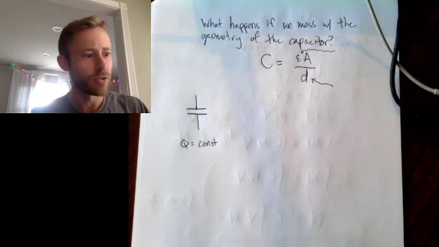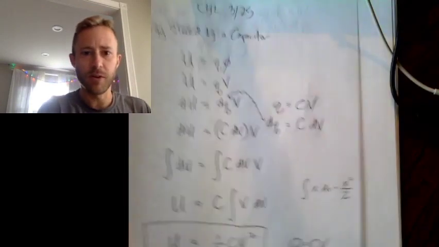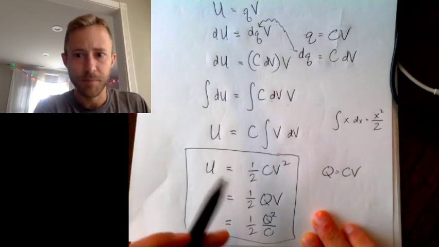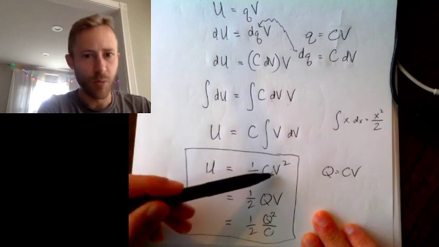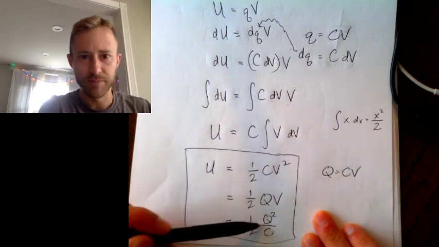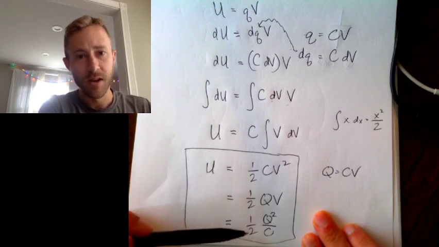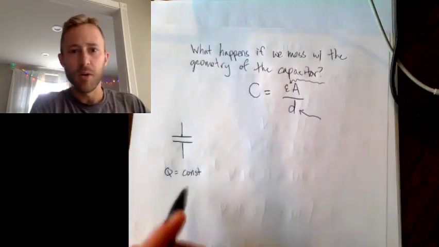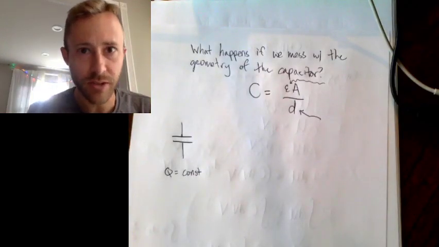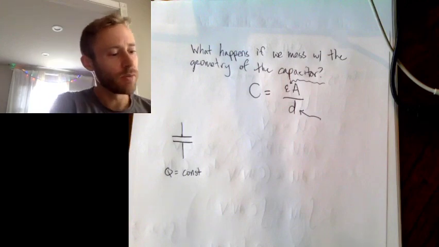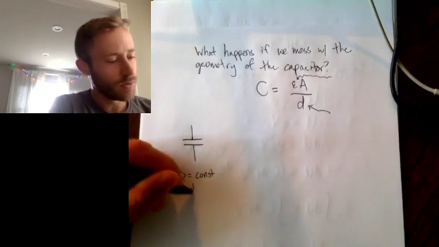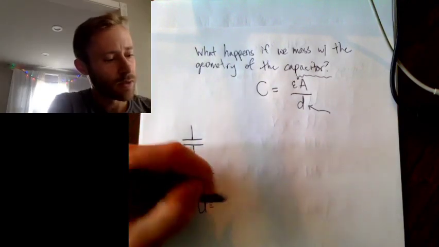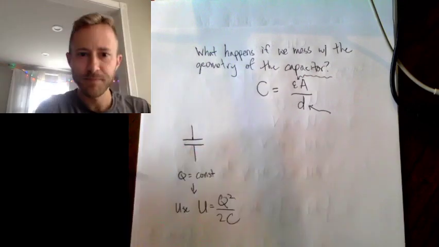So if we go over to the equations here, while we're adjusting the capacitance, we want to use U equals Q squared over 2C. Why is that? Because if the charge is constant, while we're adjusting the capacitance, the voltage actually changes. So in this case, we want to use U equals Q squared over 2C.